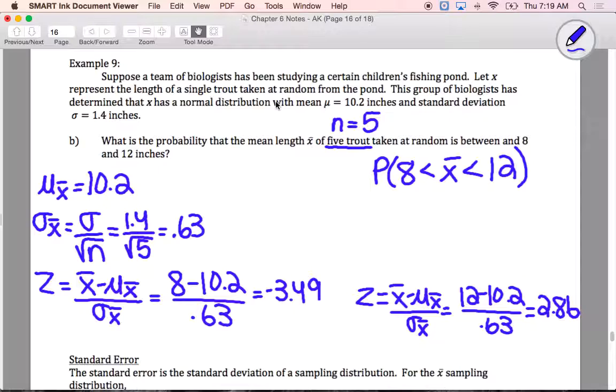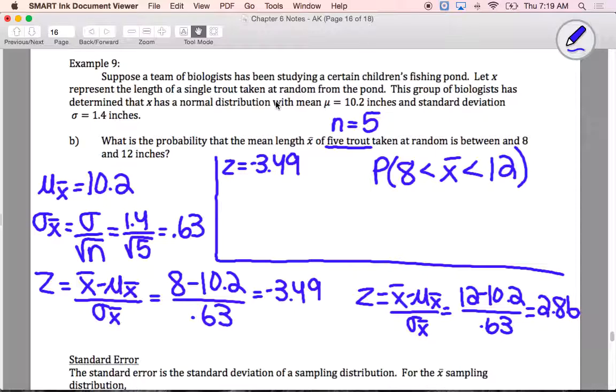So those are going to be my two new z values. So now when z is negative 3.49, I want to find my area. And I want to find when my z is 2.86, I want to find that area.